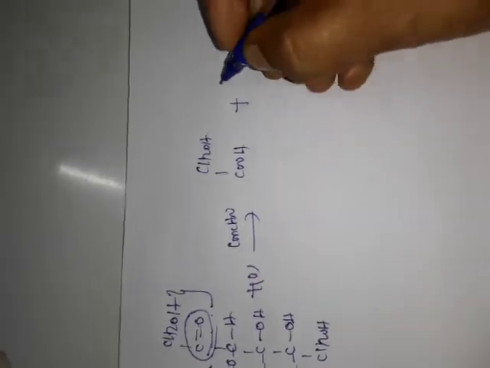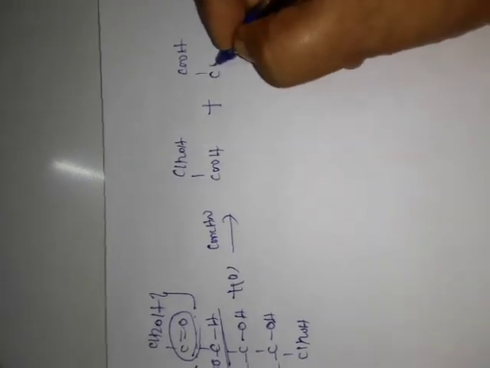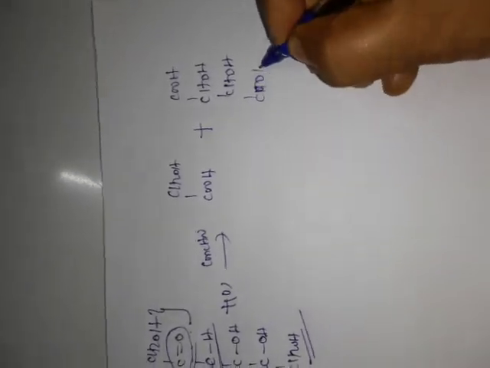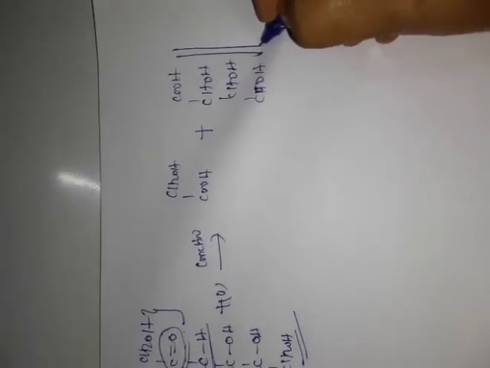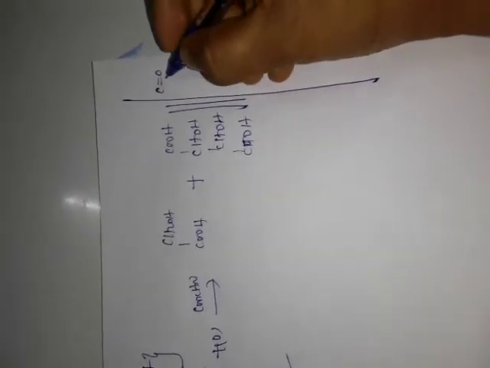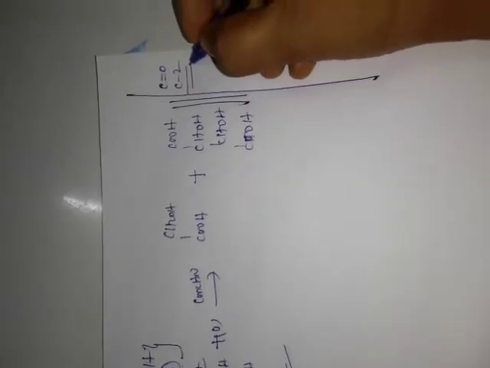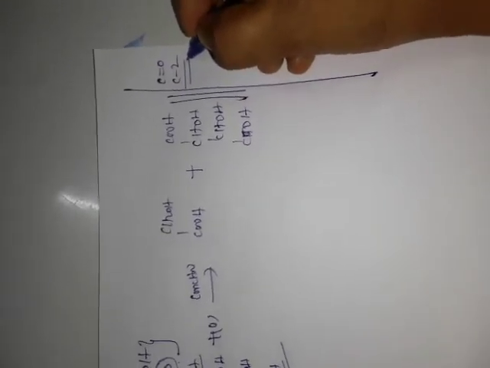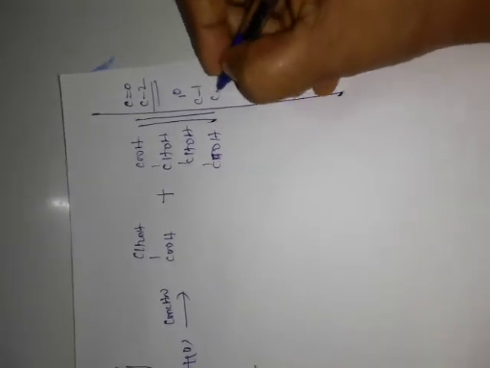Plus this one, C oxidized to COOH, then CHOH, and the primary alcoholic group oxidized to acid group: 4 carbon atoms, that is tartaric acid. This shows that the keto group is present at carbon 2 in the fructose structure, and primary alcoholic groups are present in carbon 1 and carbon 6.